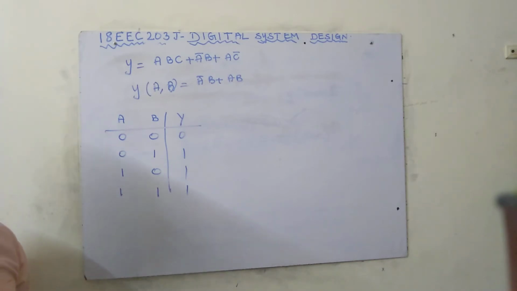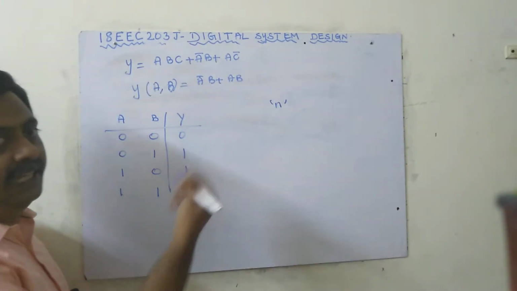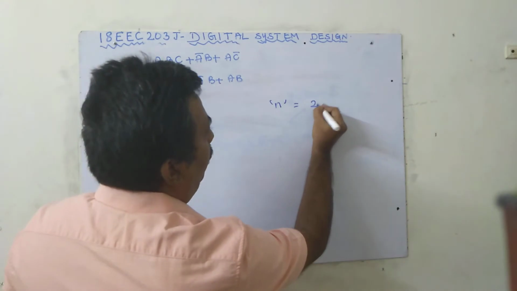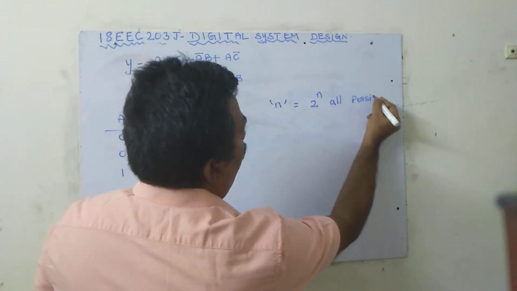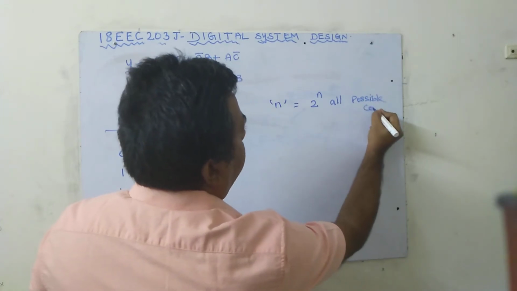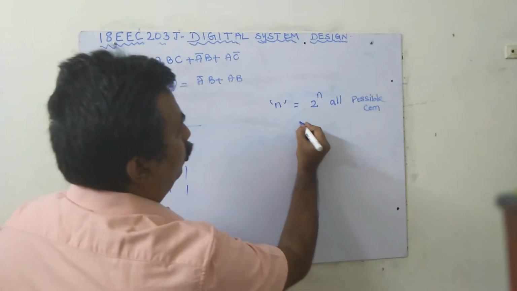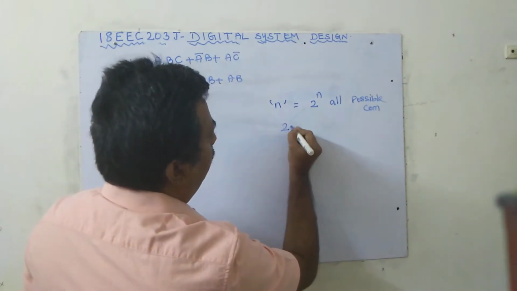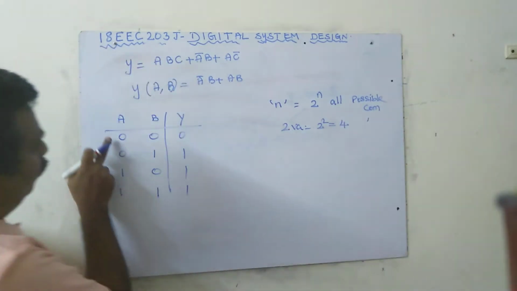So how many all possible combinations are there? If we are having n variables, we will have 2 power n all possible combinations. If n equals 2, we will have 2 power 2 equal to 4 all possible combinations: 1, 2, 3, 4.